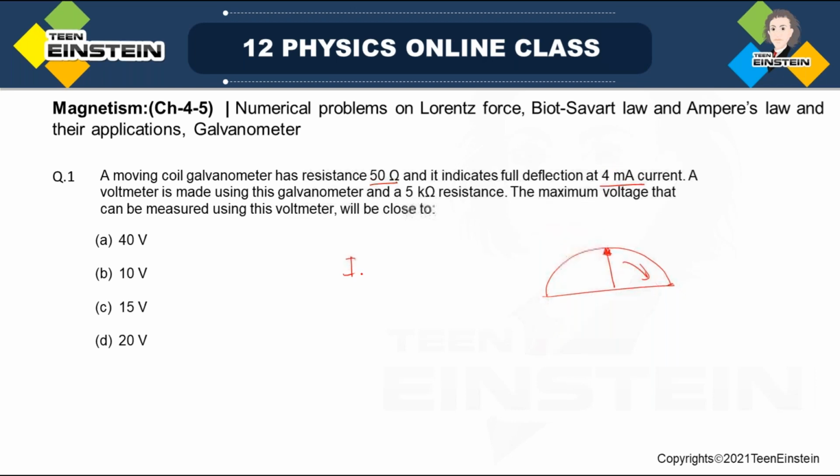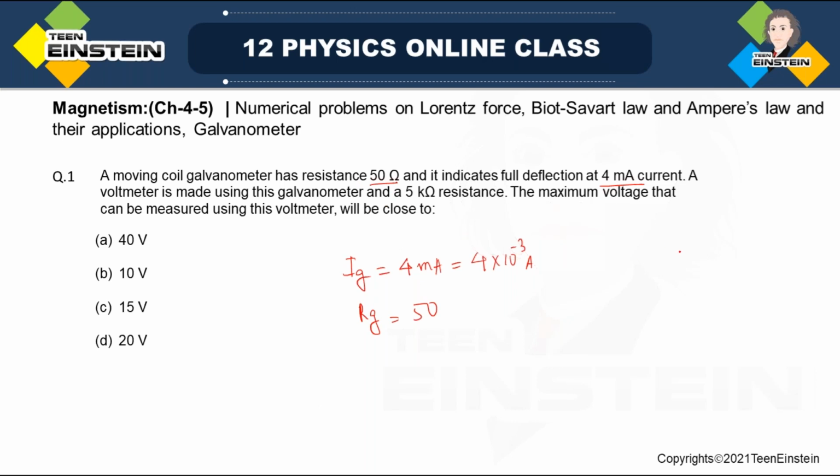So we can say Ig is equal to 4 milliampere or 4 into 10 to the power minus 3 ampere. This is the current through the galvanometer, the maximum allowed current through the galvanometer. And the galvanometer resistance is already given, that is 50 ohm.